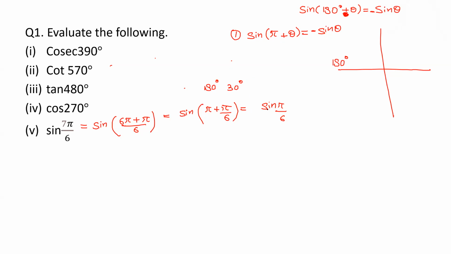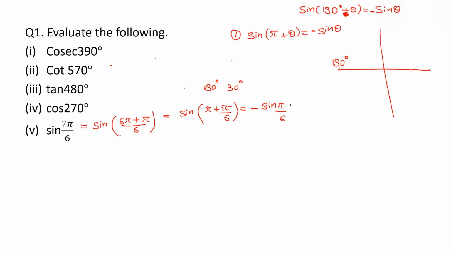Okay, so we get sine pi by 6. Now we will check which quadrant this lies in. Pi means 180. So we have here plus 30. So which quadrant is this? Third quadrant. In the third quadrant, very good. And the third quadrant sign is what? Positive or negative? Negative. Negative, okay.